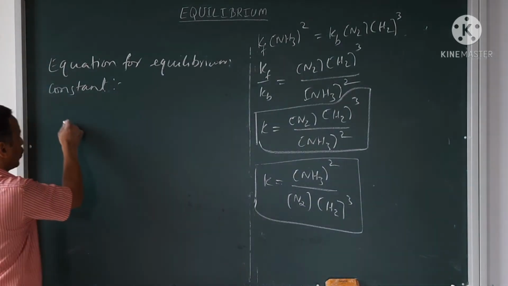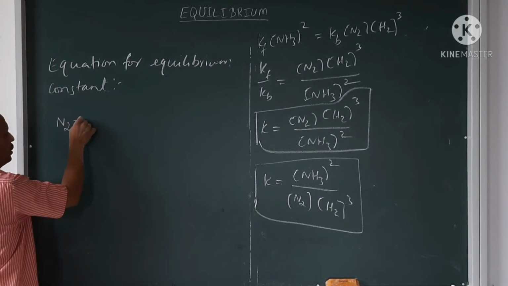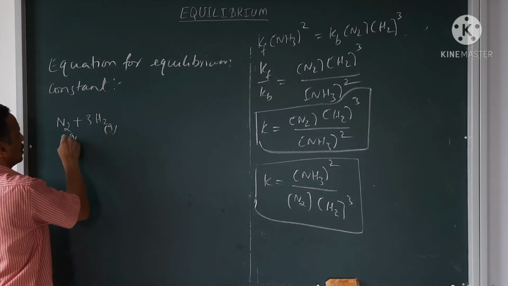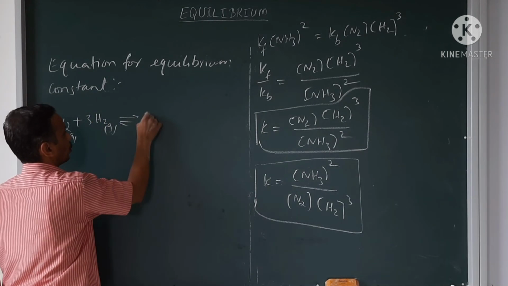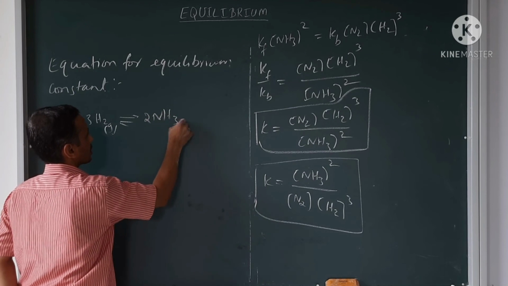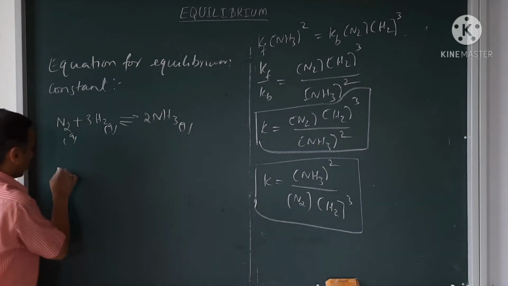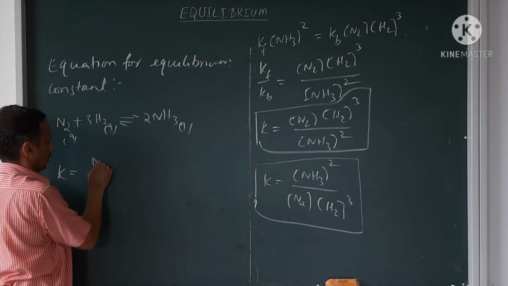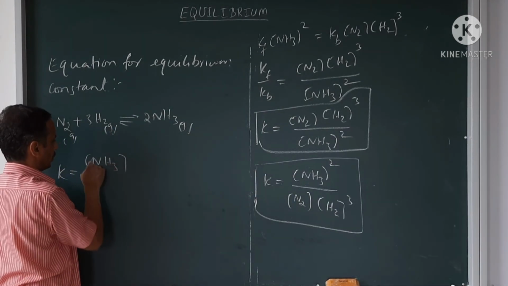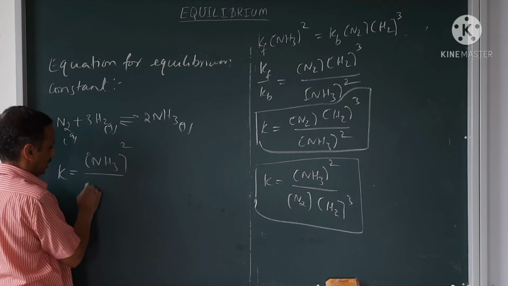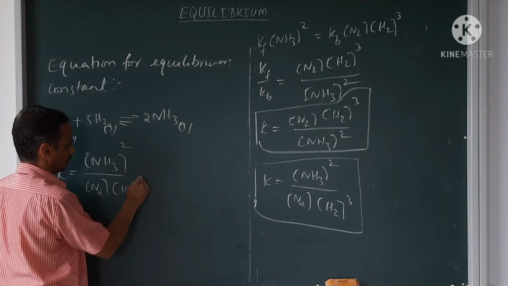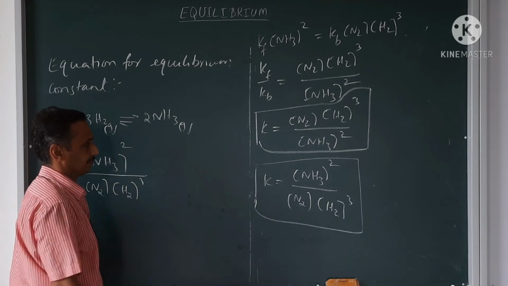So, when N2 plus 3H2 gas giving 2NH3 gas, I got the equilibrium constant as NH3 to the power 2 divided by N2 into H2 to the power 3.